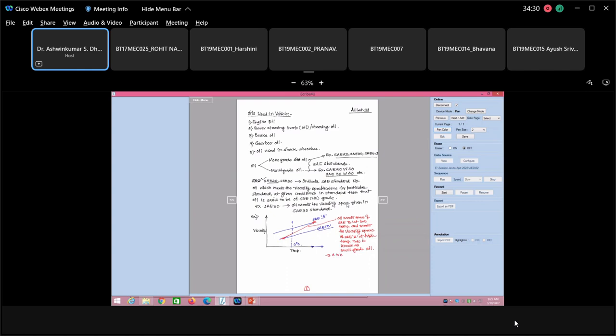SAE AWB. That means you may have an oil which conforms to A and B, so A can be 20, B can be 30, and similar things like this. Example, SAE 20W40.